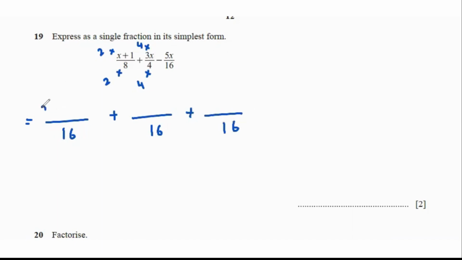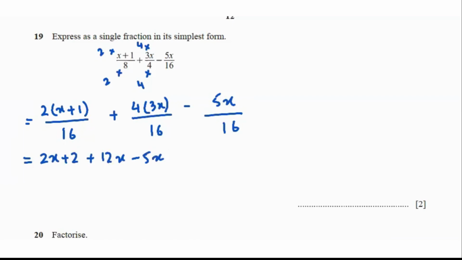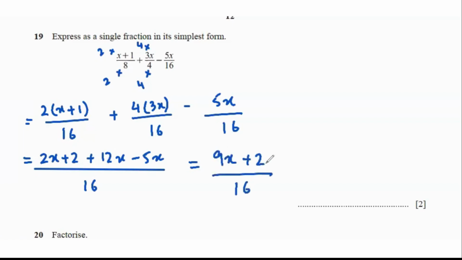For the numerators, it became 2 times x plus 1, 4 times 3x, and we have minus 5x. 2x plus 2 plus 12x minus 5x divided by 16. 2x plus 12x is 14x, 14x minus 5x is 9x. So 9x plus 2 over 16 is your answer.